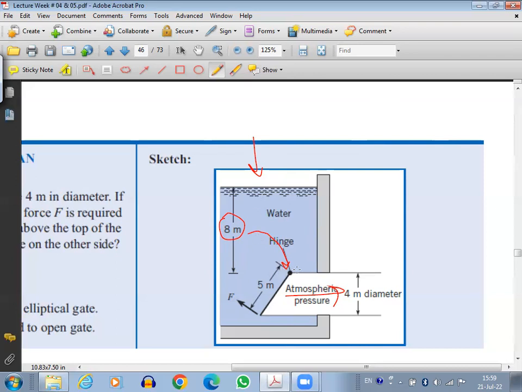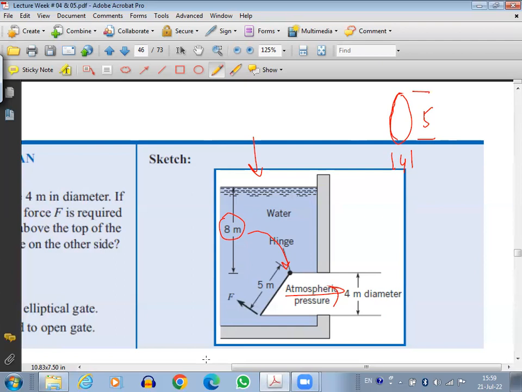This is 4 meter vertical distance, but after it is slanted cut, so the gate length is 5 meter. So if I draw an ellipse here, this is not a very good ellipse, but this distance is 4 meter and this distance is 5 meter.